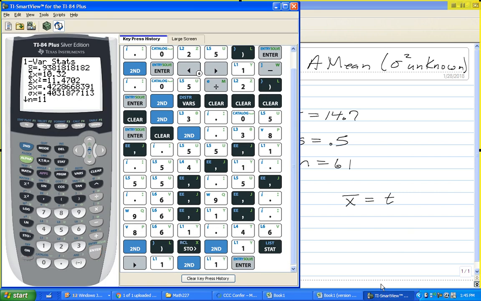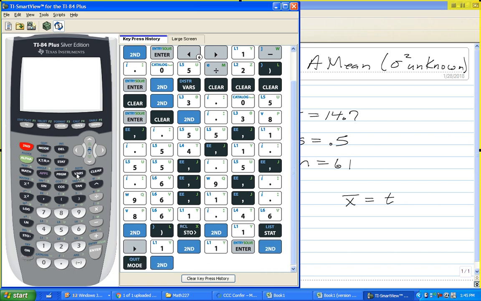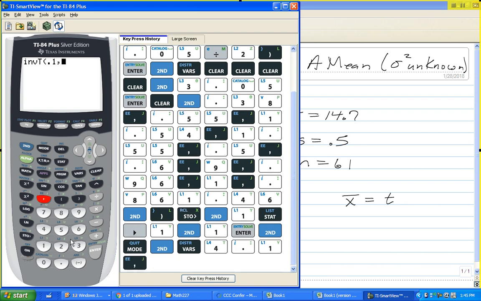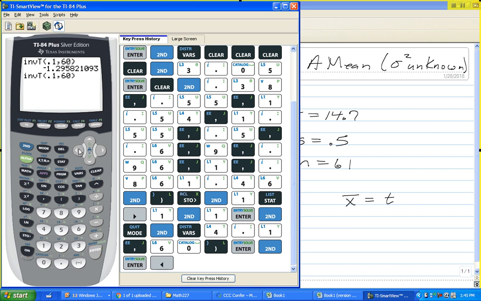So I could look at the table, but let me do inverse t. And this is, was it 0.01? And degrees of freedom was 60. Okay, so if I did it correctly, we get the right answer.